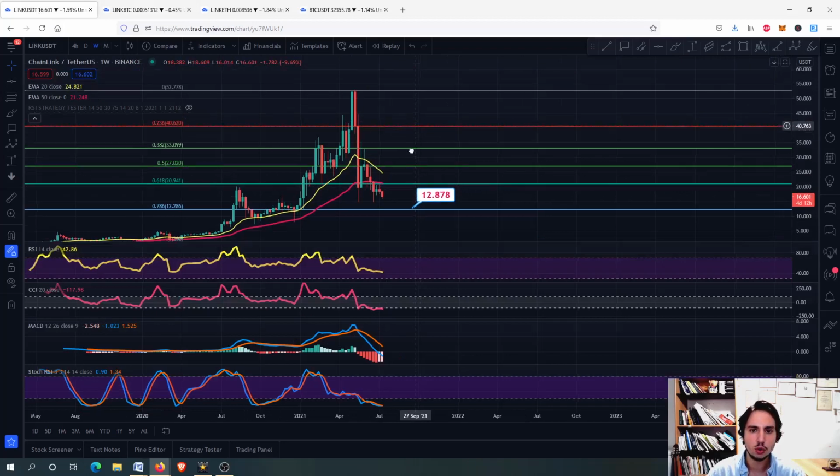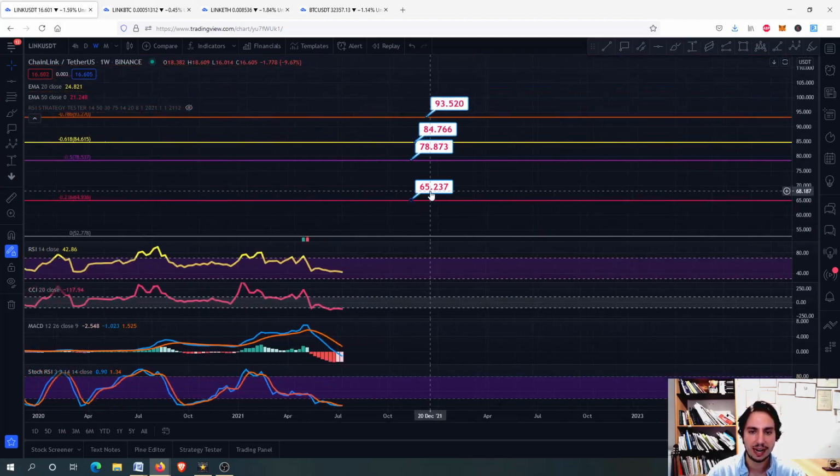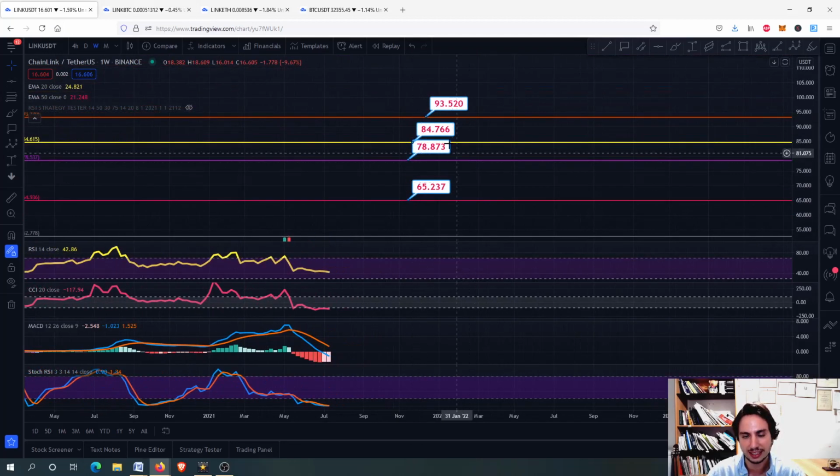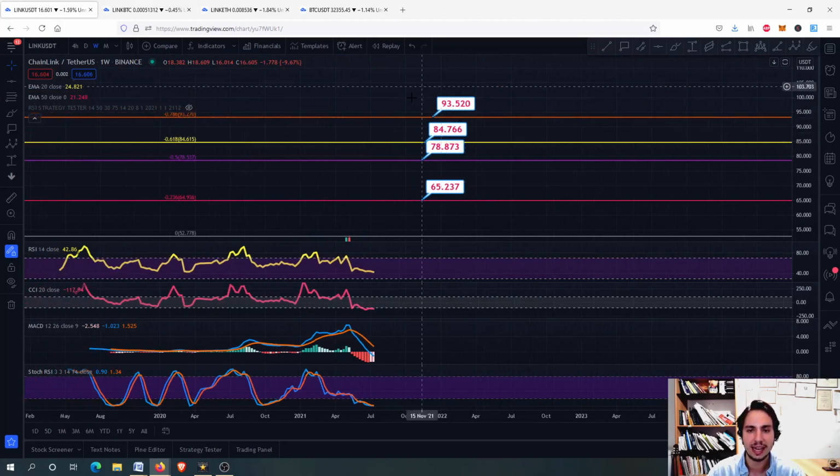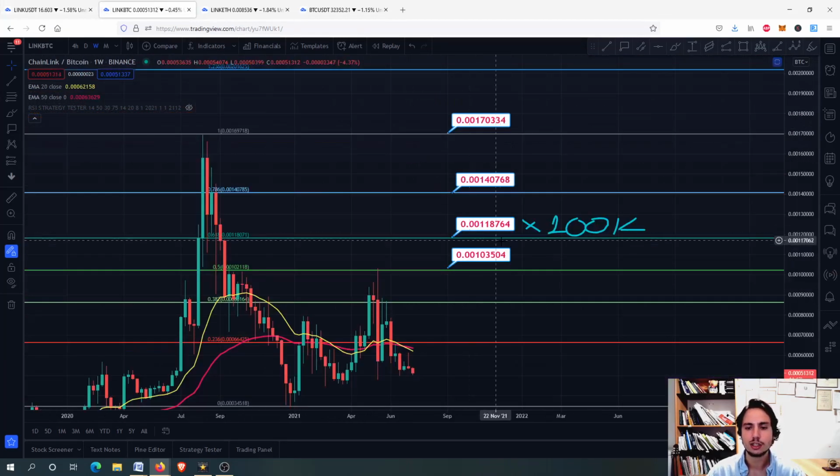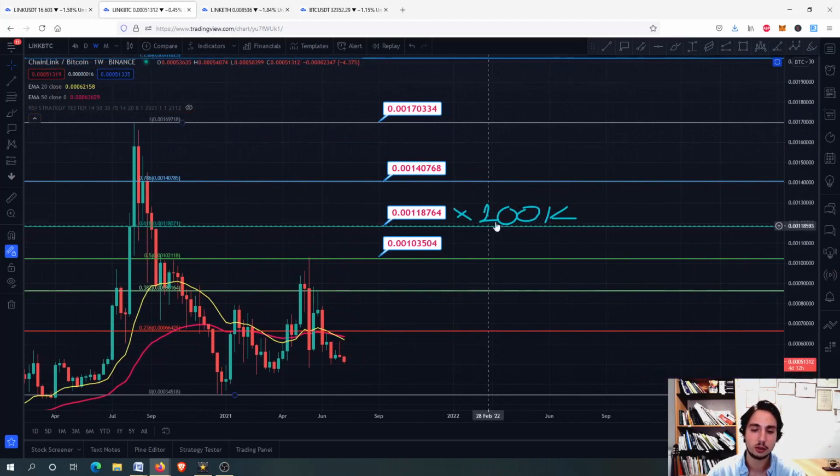That is almost 2x from our first price targets, and then a little bit less than our next. So for now, if it is 100k, we will be getting 118 for Chainlink.